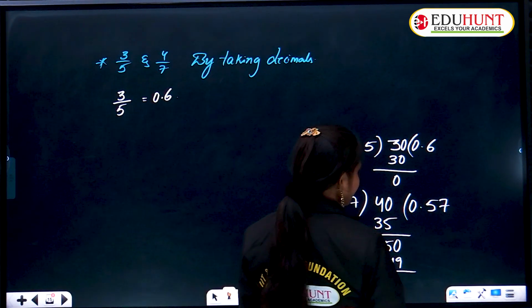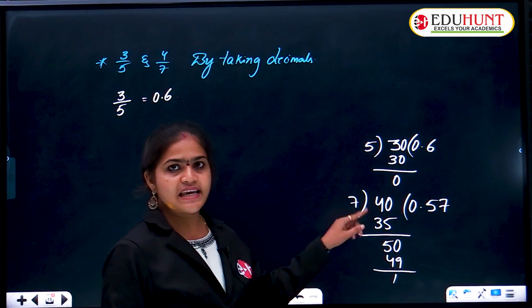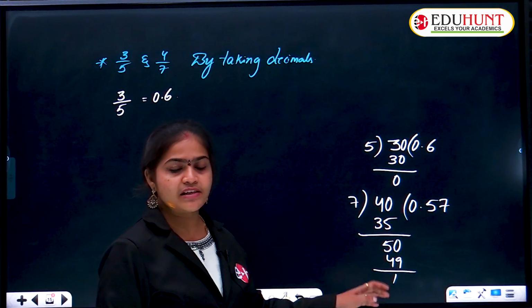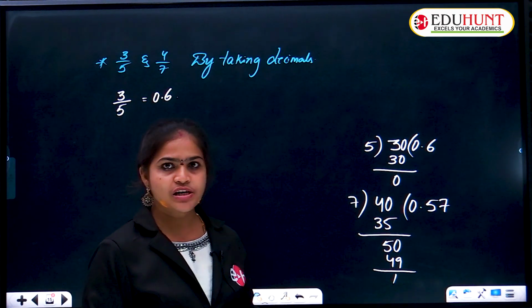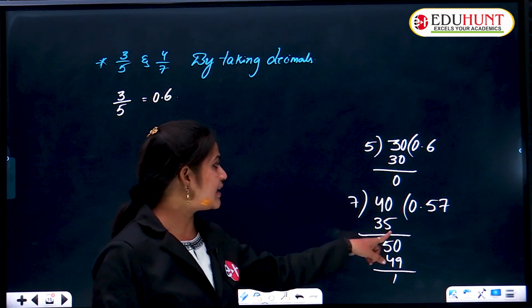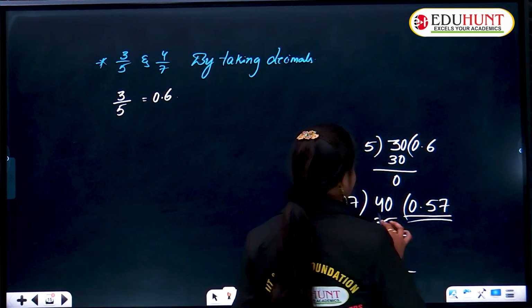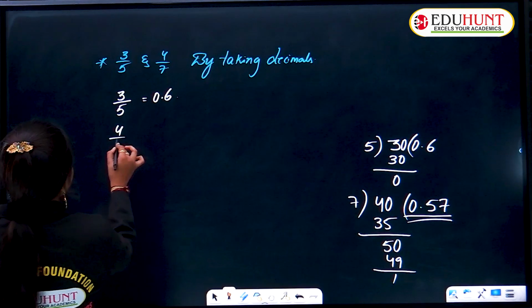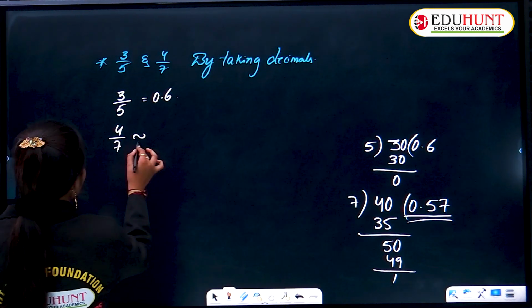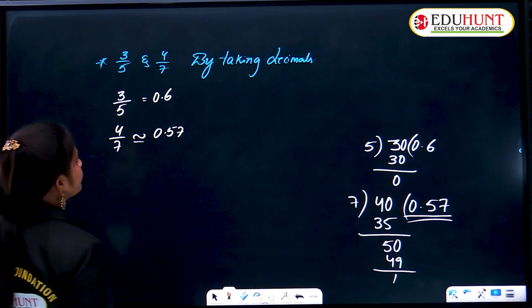Again you will get 10, 7 ones 7, again you will get 3 as the remainder. So this is a non-terminating decimal. In rational numbers we already discussed this. But I want to take up to 0.57 only, that is sufficient. Then 4 by 7 is similarly equal to 0.57.